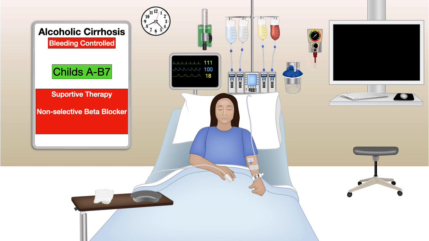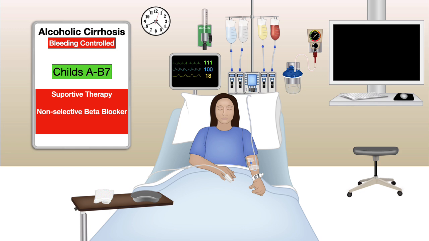We have three options: carvedilol, nadolol, and propranolol. Among the three, carvedilol is preferred because it has a better effect on the portal pressure and outcomes are much better compared to the other beta blockers. And you don't need to worry about monitoring their heart rate.